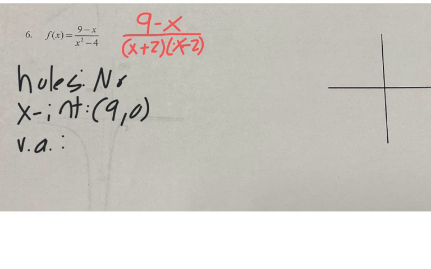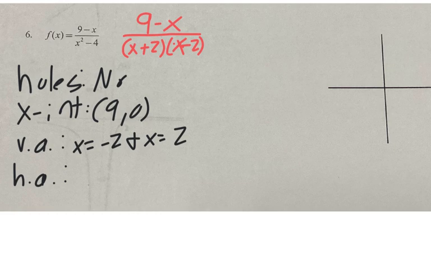Vertical asymptote occurs where the factors of the denominator go to 0. So this time I have two vertical asymptotes. I have one at x equals -2 and one at x equals 2. That means I'm dividing my graph into 3 pieces. Horizontal asymptote.